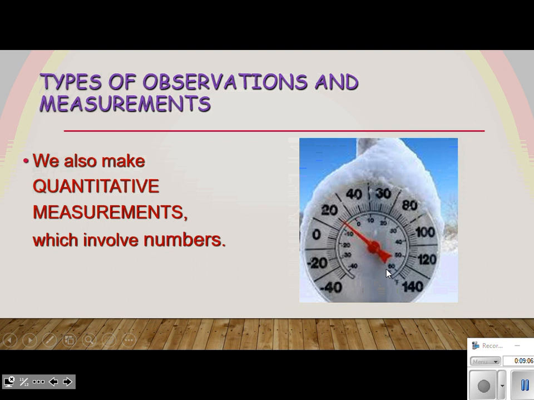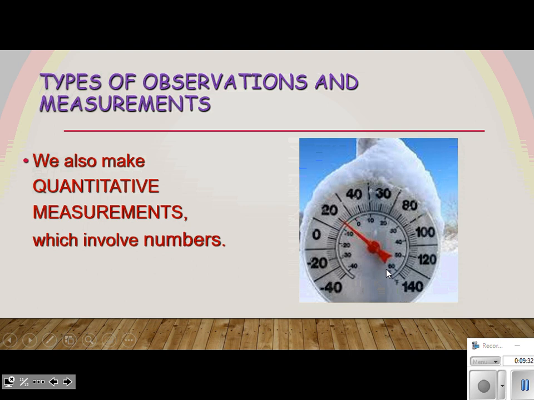Well, a quantitative measurement will involve numbers. It deals with quantities. So I look outside and say we got half an inch of rain, 0.5 inches of rain. That is a quantitative measurement. I'm telling you how much it rained.